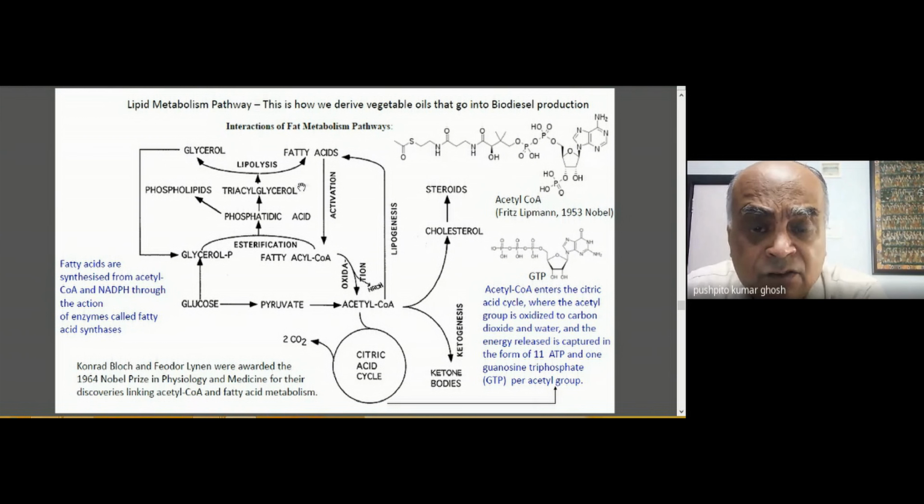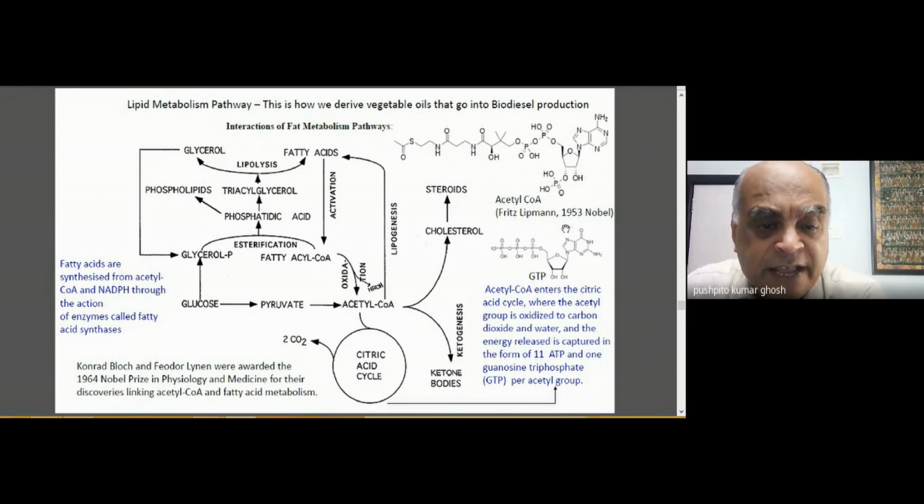Now, each of these, what I've shown you in one slide, let me tell you that two people got the Nobel Prizes for their work related to lipids. The first was Lippmann, in 1953. He was able to isolate this enzyme known as acetyl coenzyme A. It's one of the most important enzymes in plants.